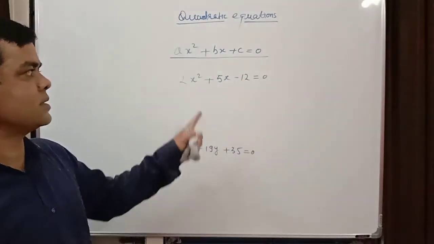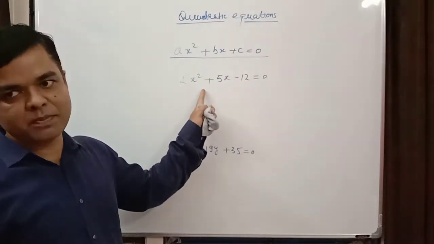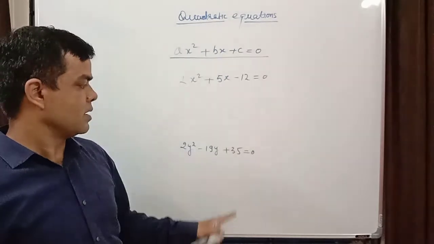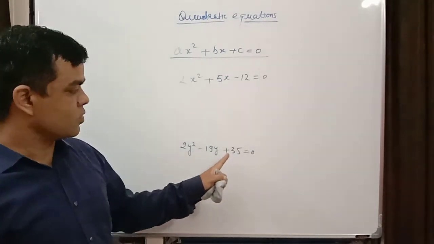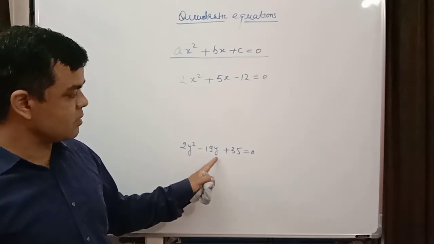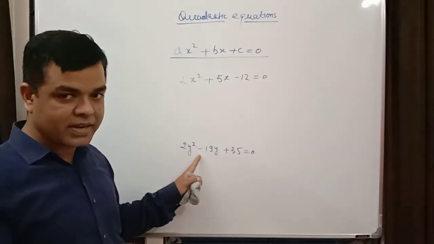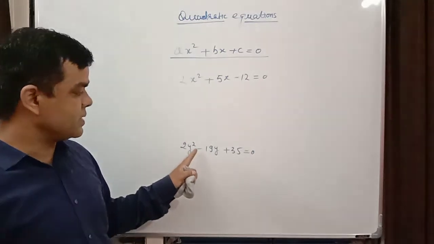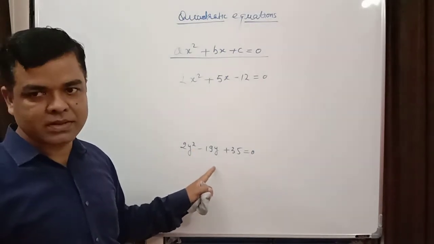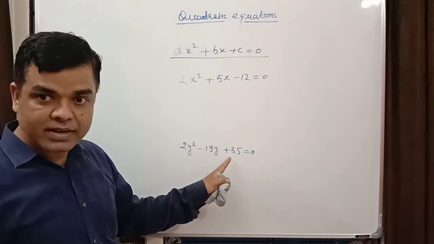Minus given means in factorization one sign will be plus, one will be minus. Here if plus is given, then both the signs will be the same.